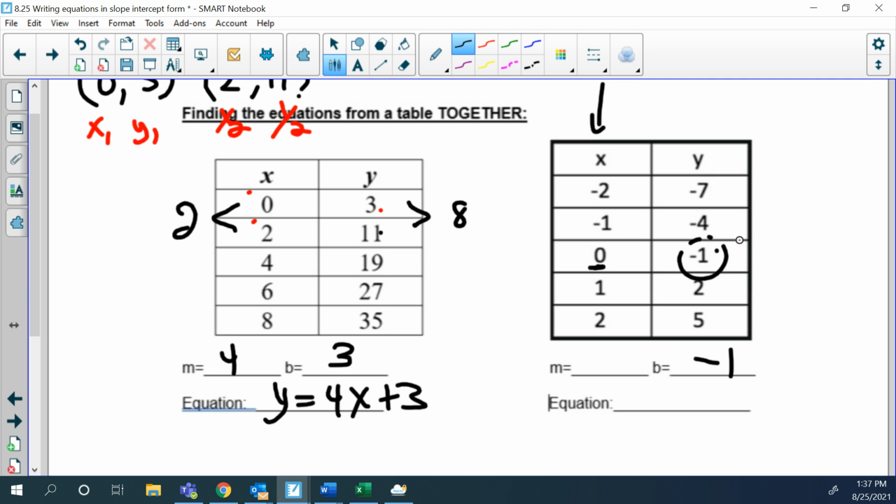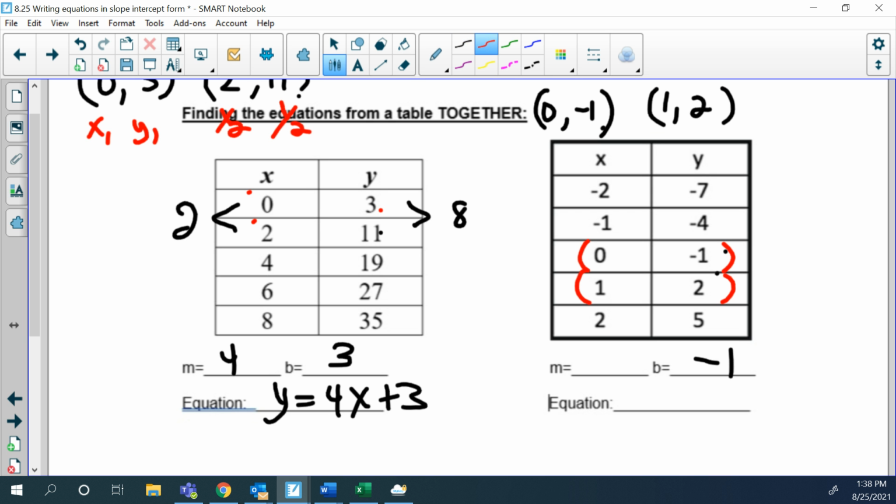I'm going to pick these two in the middle because there's a zero and the numbers are smaller to work with. So my points are 0, comma -1, and 1, comma 2.